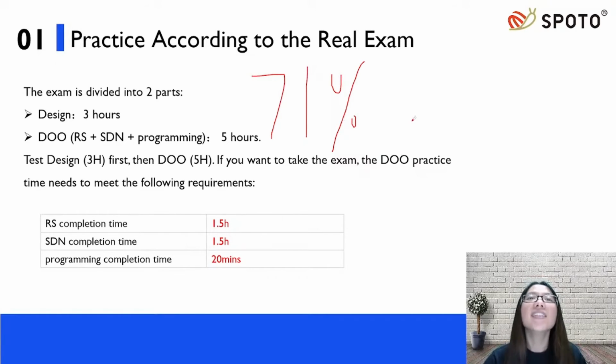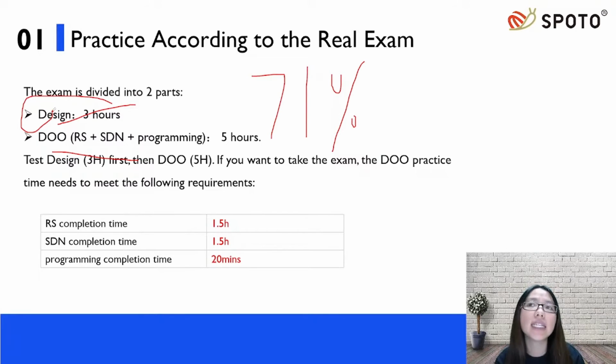So why can you choose SPOTO? Let me tell you. First, SPOTO has two modules, including design and DOO. Design is very simple for our SPOTO students because we have complete information to provide. So this part won't focus on the introduction.